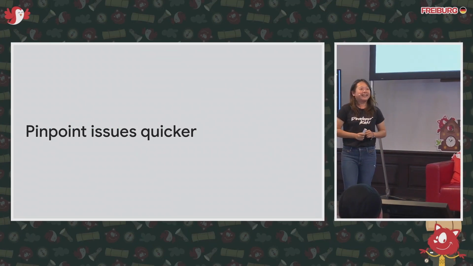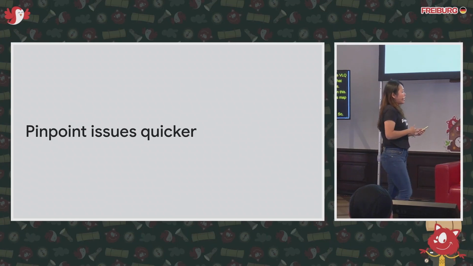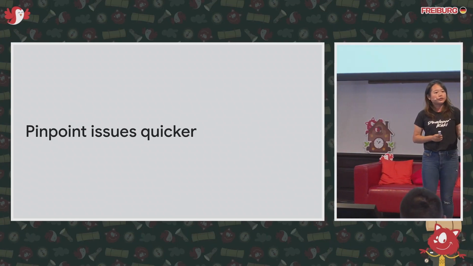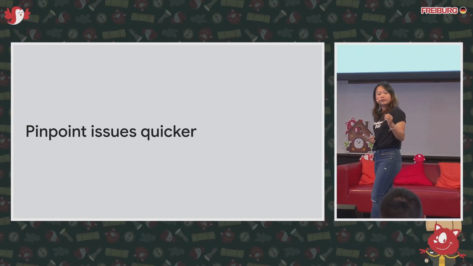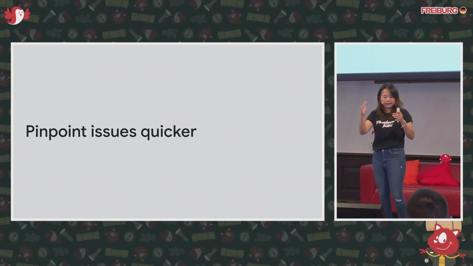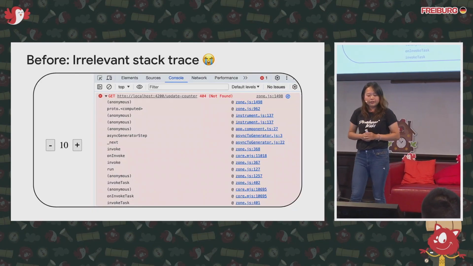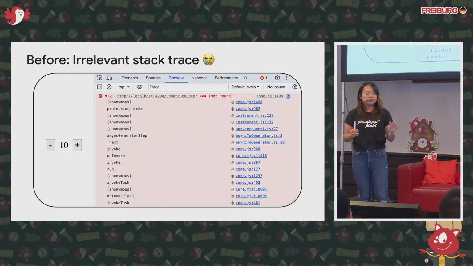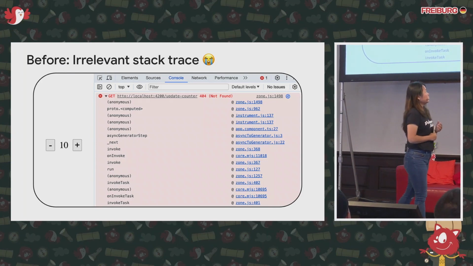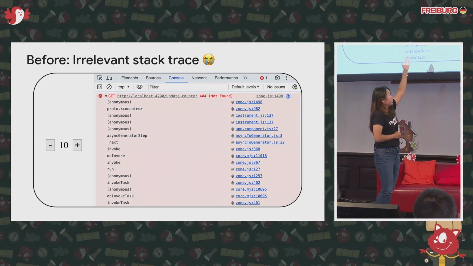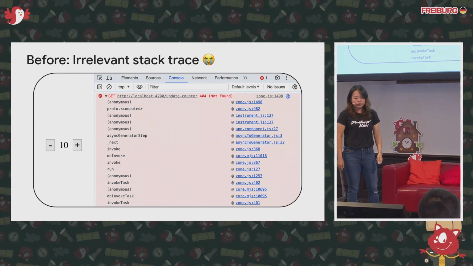OK, then next, let's talk about how, with source maps, DevTools help you to pinpoint issues quicker, stay focused, and reduce the noise within your code. So this is before any enhancement happened. When you click on a stack trace, look at this whole trace.